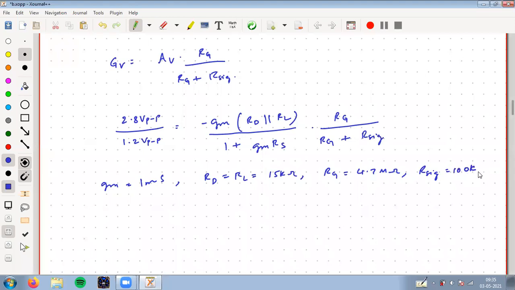This is an extension of the previous problem. So if you substitute all these values, you get RS equal to 2.15 kilo ohms.